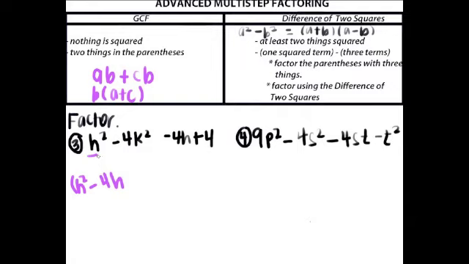Let's look for a number that's maybe like the loner number here. So let's try 4. Let's put the 4 in there. And now I have three things in there. The only thing that's left is a minus 4k squared. Obviously there's nothing you can do to this negative 4k squared. There's nothing to factor it with. But you can factor h squared minus 4h plus 4.